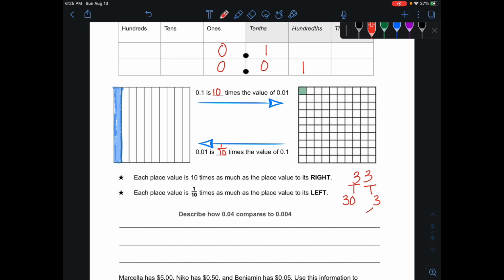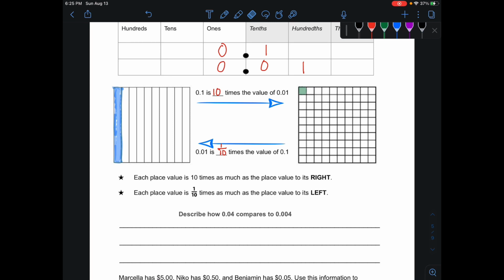So 3 times 10 would get to 30. And then if we were to reverse that, we divide by 10 or times 1/10.